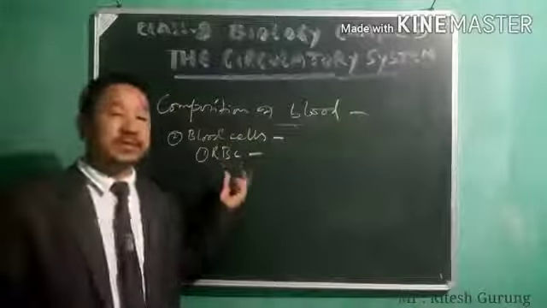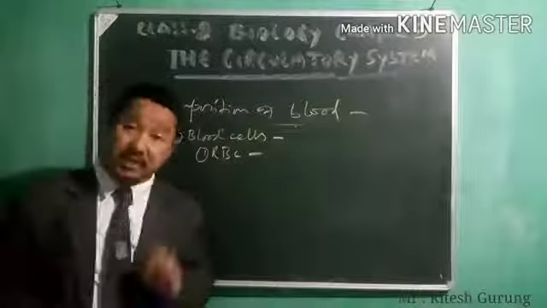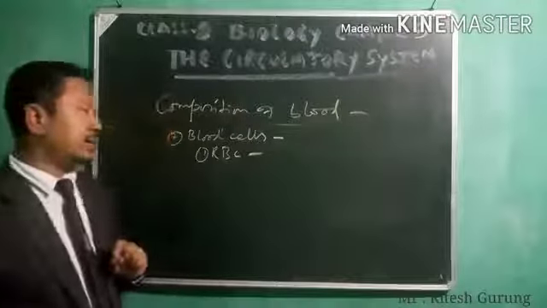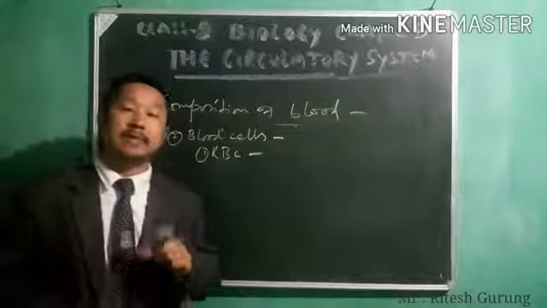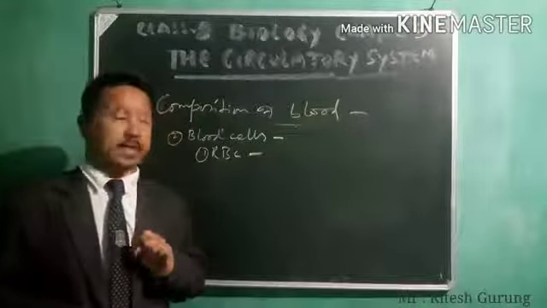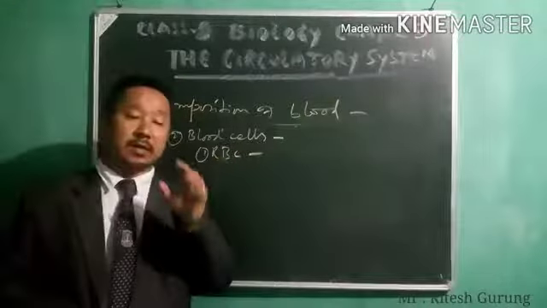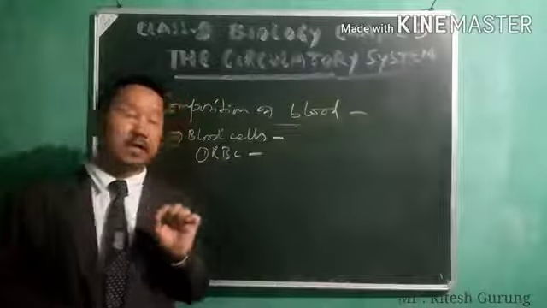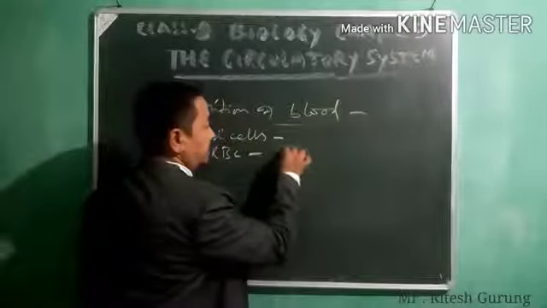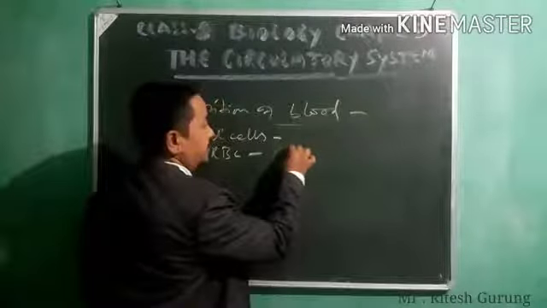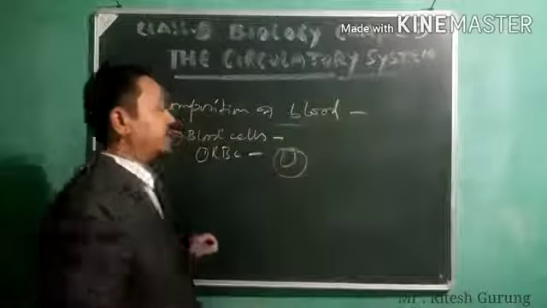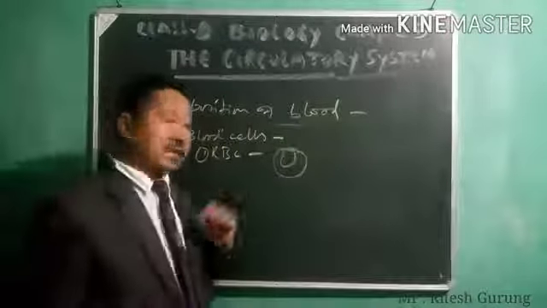As I've told you, RBC is also termed erythrocytes, and RBC is a biconcave disc-like structure. It's something like this. Okay, a biconcave disc-like structure it has got.